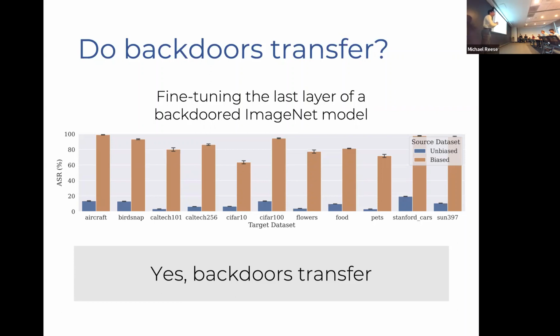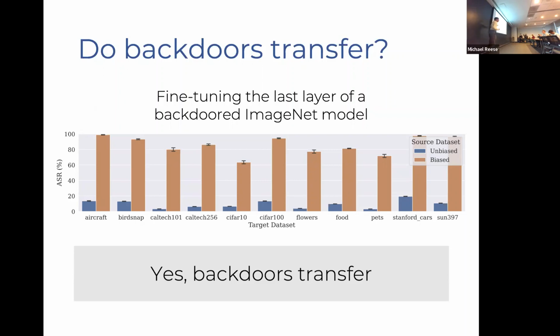If you have a pre-training data set that does not have the backdoor inside of it, then your attack success rate when you add the backdoor is pretty low. The different pairs of columns are just different fine-tuning data sets. You can fine-tune on aircraft, birds, or anything else. And the blue column is what happens when you have no backdoor in your pre-training data sets and you fine-tune on these data.